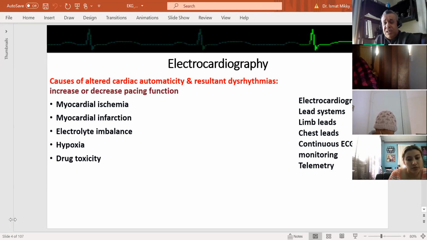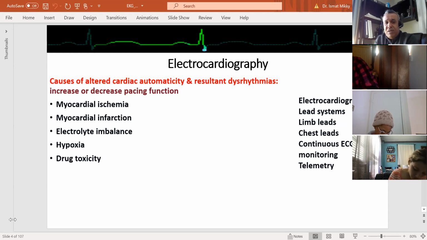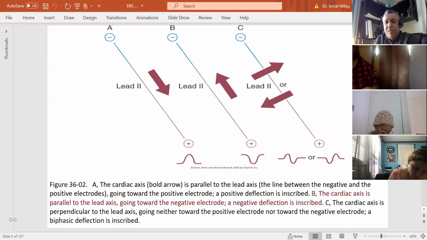Those patients will have the myocardium deprived of normal perfusion. Also myocardial infarction, electrolyte imbalance, hypoxia, drug toxicity. You have a long list of reasons why patients may develop dysrhythmias. Acidosis, alkalosis, fluid and electrolytes, patients with hypokalemia, hyperkalemia, that will result in dysrhythmias too.